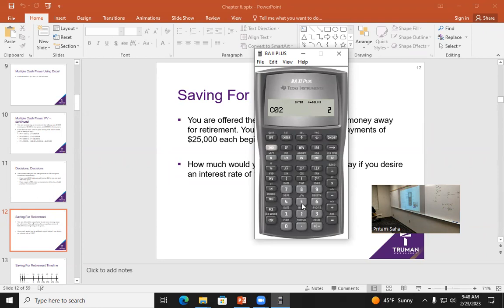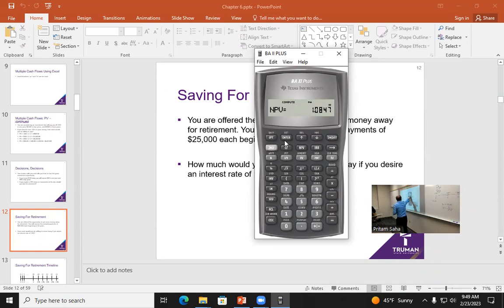Let's do 25, okay? Just do 25, then you can multiply by 1000. How many times are you receiving it? 5 times. Go down. Compute NPV. 12% is the rate of return. Enter. Go down.